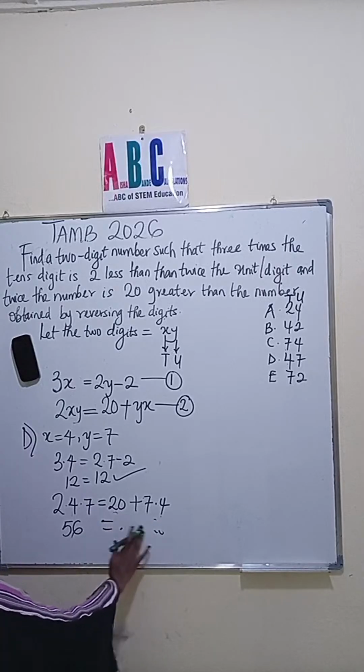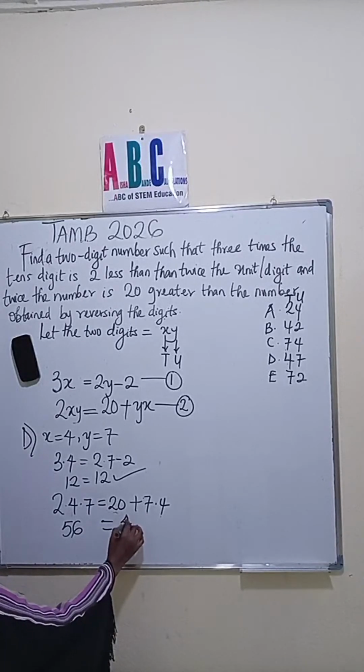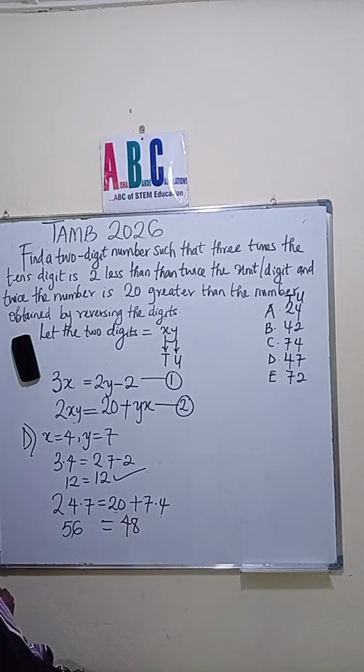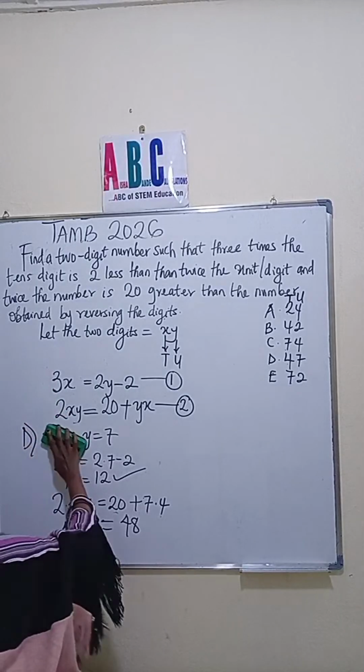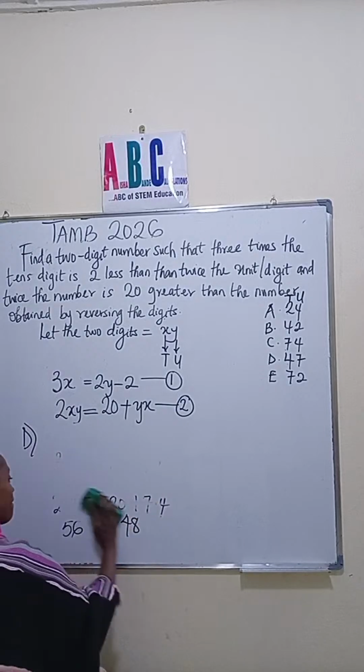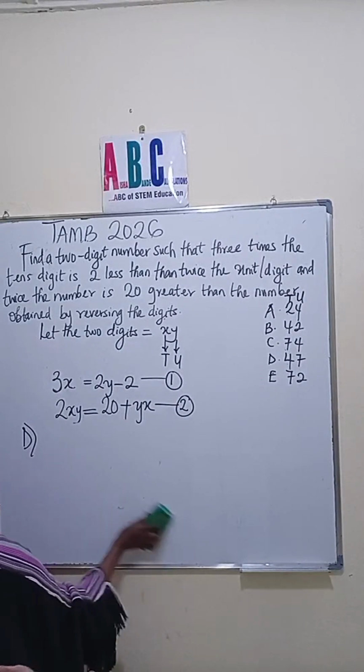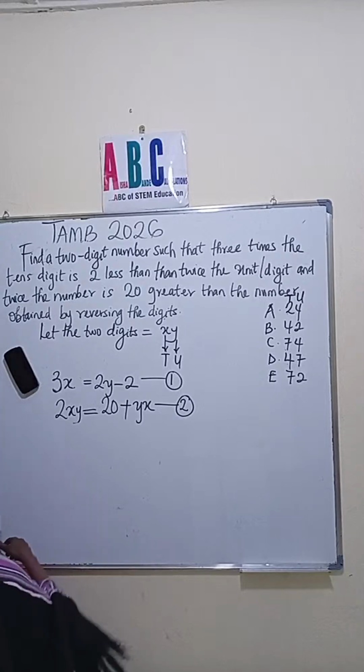So it doesn't satisfy the second one. So it seems like the answer we got in the afternoon was 4 and 7. Yeah, because we got 4 and 7 when we did it simultaneously.